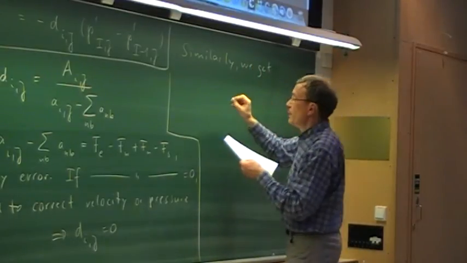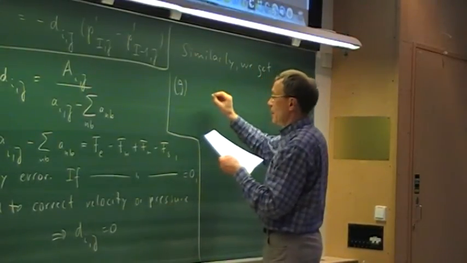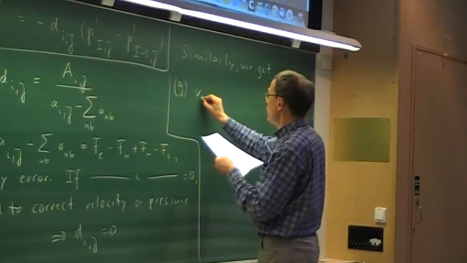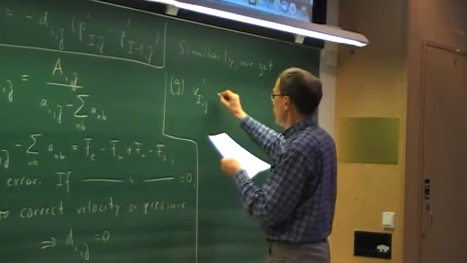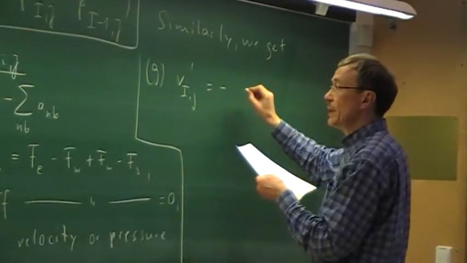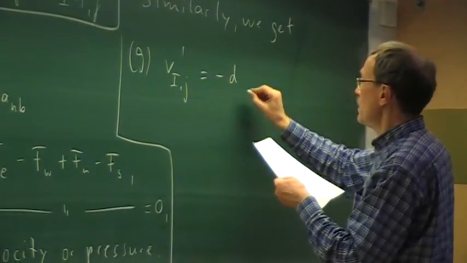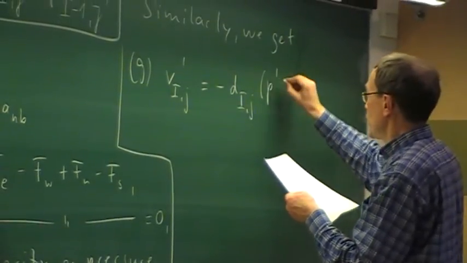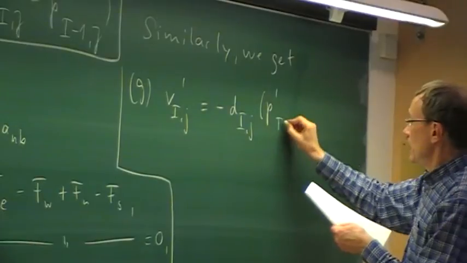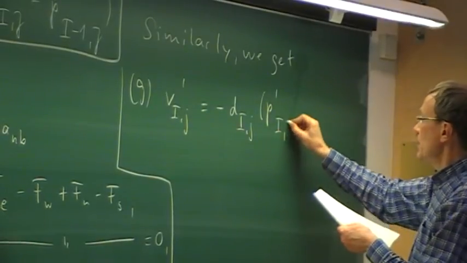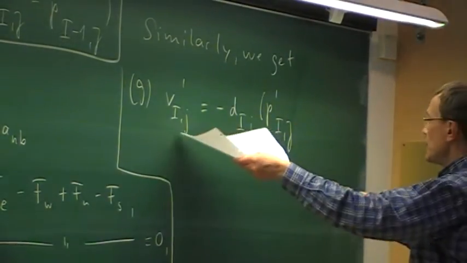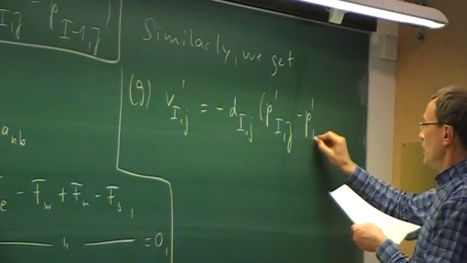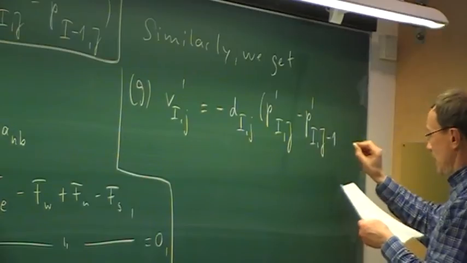Similarly, we get equation 9, that the velocity perturbation in the y direction, vij prime, is equal to minus Dij times the pressure perturbations at the corresponding northern and southern neighbors, that is P prime Ij minus 1.